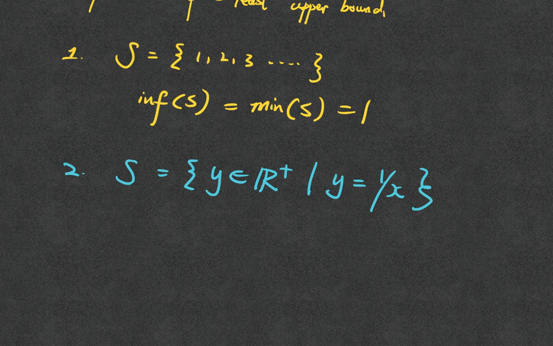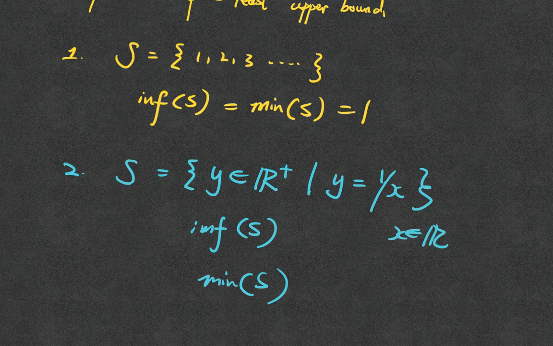In this case, what is the inf of S and what is the minimum of S? What is the minimum of x? x is simply also a positive real number. What is the minimum of that set y? What is the minimum?